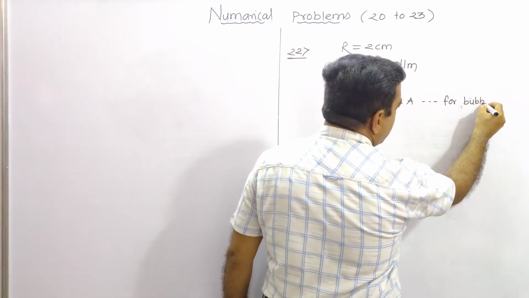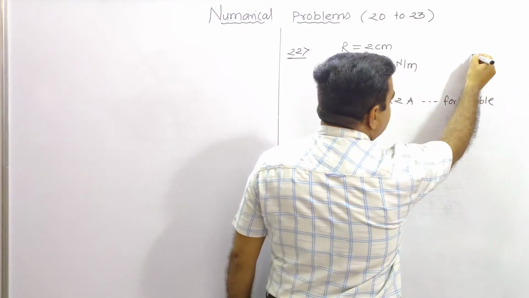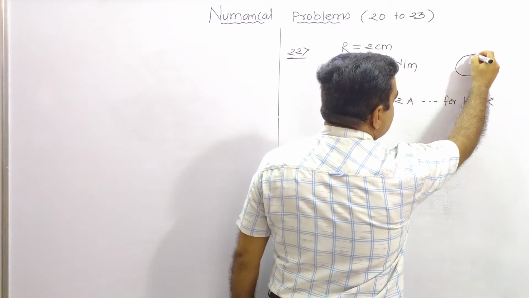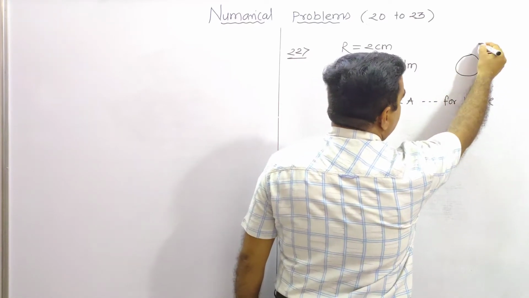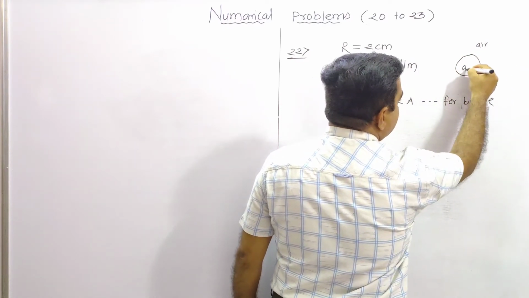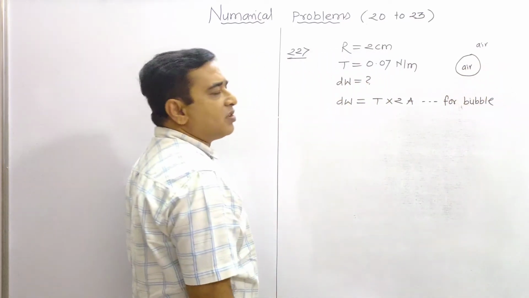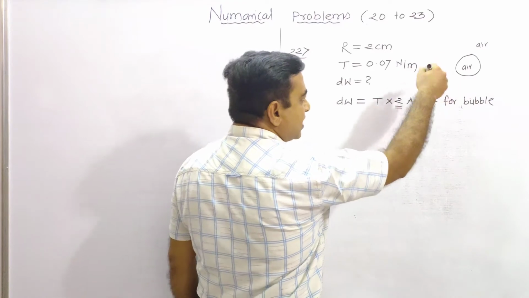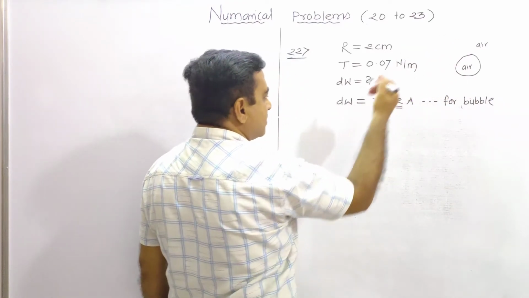Why is it so? Because if this is your bubble, there are 2 surface areas which are in contact with the air. Above is air, inside is air. So that's why we need to consider 2 surface areas, inner and outer.